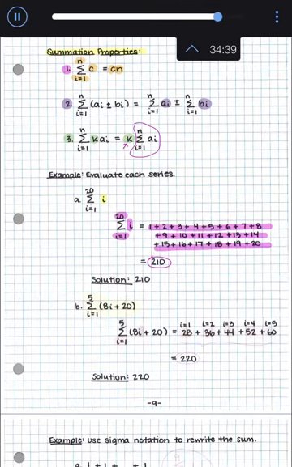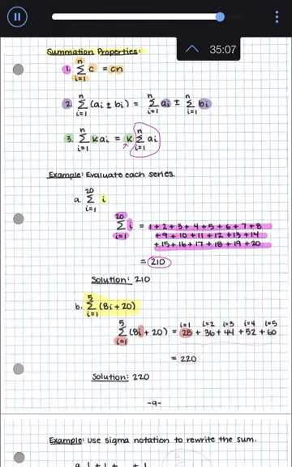Let's look at another problem. Let's look at B. In B, let's see, what do we have? We have a summation from 1 to 5 of 8i plus 20. If we start with i equals 1, plugging in 1 for i, we'll get 8 times 1, which is 8, plus 20 is 28.